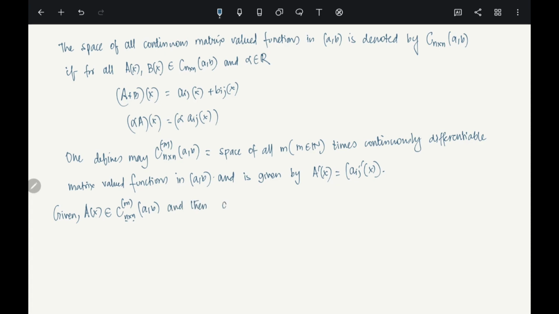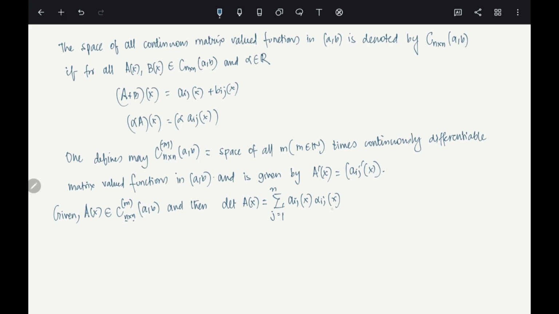Determinant of A(x), how do you find it? Determinant of A(x) is nothing but the summation over j equals 1 to n of a_ij(x) alpha_ij(x), right? Yes, we can write it like this, right?